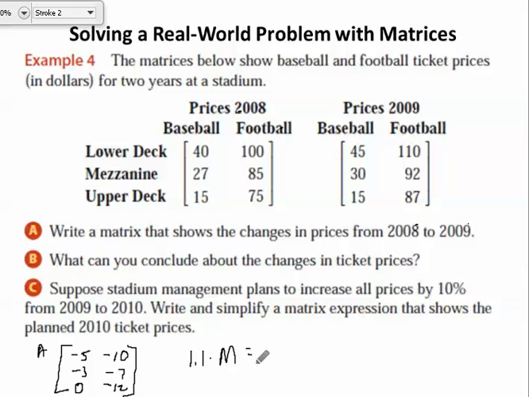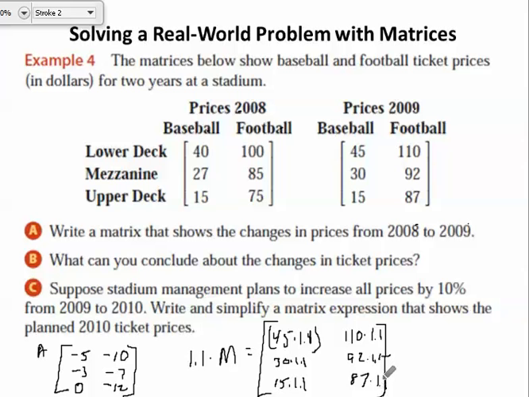That's going to be 45 times 1.1, 110 times 1.1, 30 times 1.1, 92 times 1.1, 15 times 1.1, and 87 times 1.1. That would be my matrix. Does that make sense to everyone?